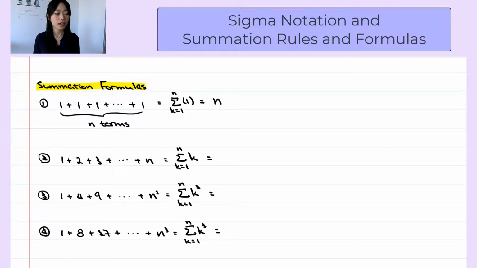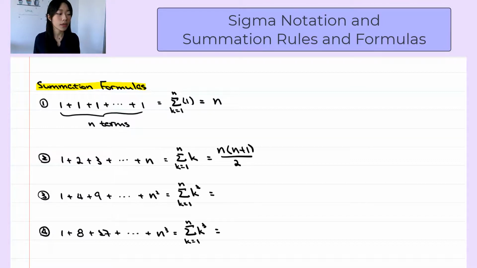The second formula, when you have 1 plus 2 plus 3, and it keeps going until you have plus n. In sigma notation, it's the sum of k, when k starts from 1 until n. And this equals to n times n plus 1 over 2.